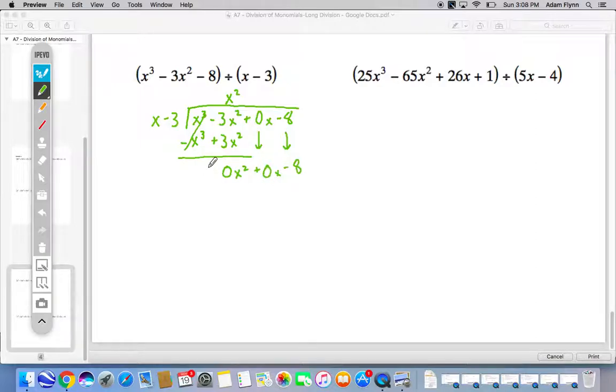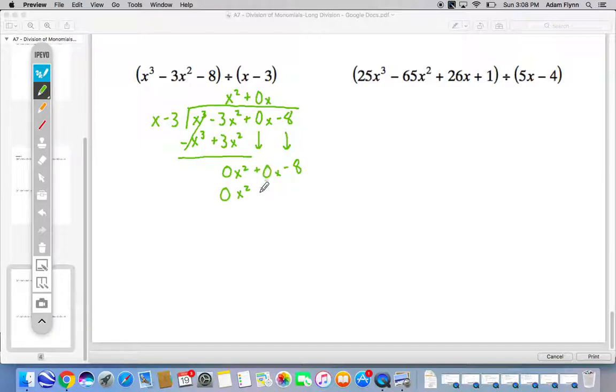So now I do the same exact thing. What is 0x squared divided by x? Okay, so what do you have to multiply x by to get 0? Okay, so I get plus 0x. So x times 0x is 0x squared.